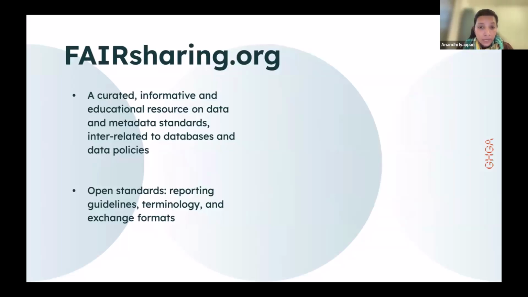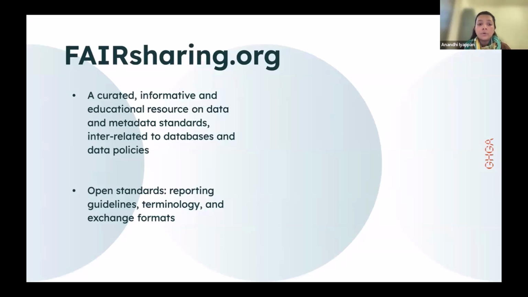The third aspect is FAIRsharing. Caro already briefly mentioned FAIRsharing. This is also a community which helps in ensuring, to support curated, informative, and educational research on any kind of data and metadata standard, which can be implemented on databases, and also associating themselves in coming up with data policies for fairness.